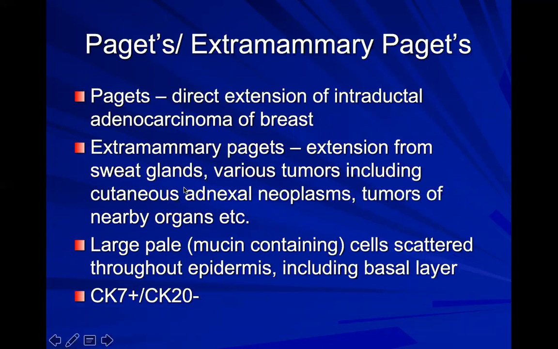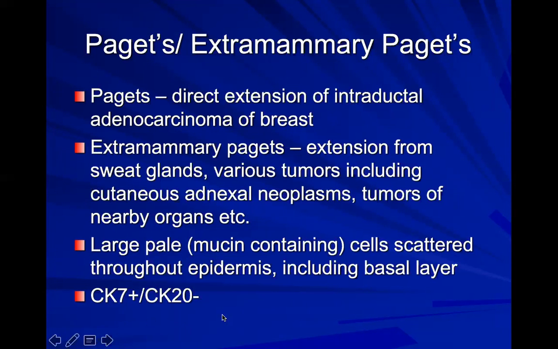It's usually from the underlying sweat glands, but sometimes you can have extension of tumors from nearby organs, like even rectal carcinomas or different GI things can extend into your skin and make extramammary Paget's. You get these large pale mucin containing cells in the epidermis. They scatter upward in the epidermis, and that's where the name pagetoid comes from.